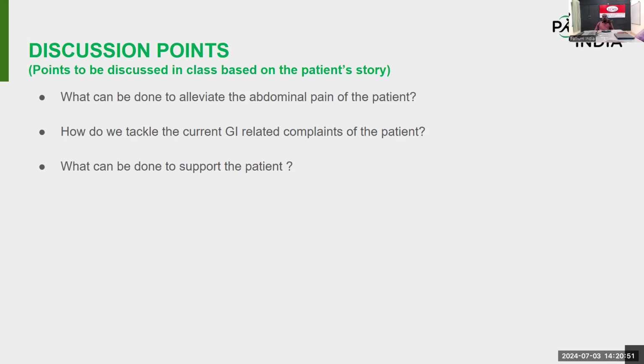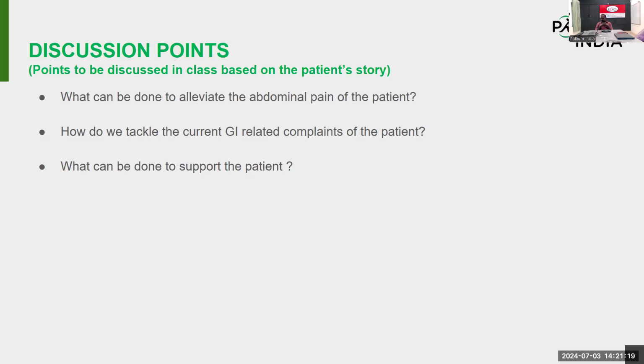And the etiology may also be a combination of mechanical as well as functional bowel obstruction. So these are the two things which we should be careful about in treating intestinal obstruction in patients who have advanced malignancy.